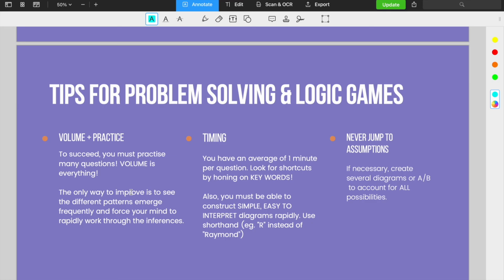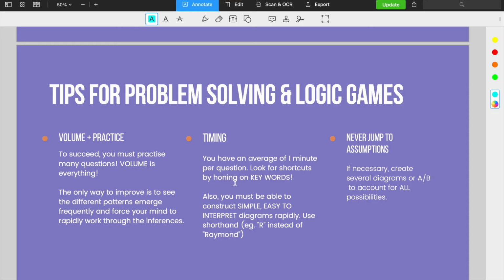Looking for similarities and differences, and forcing your mind to rapidly work through inferences. Timing is everything. You only have 1 minute. And remember, the test is designed to be solvable in the 40 minutes, right? They designed it for year 6 kids, so it's achievable, but it's hard, but it is doable, okay?